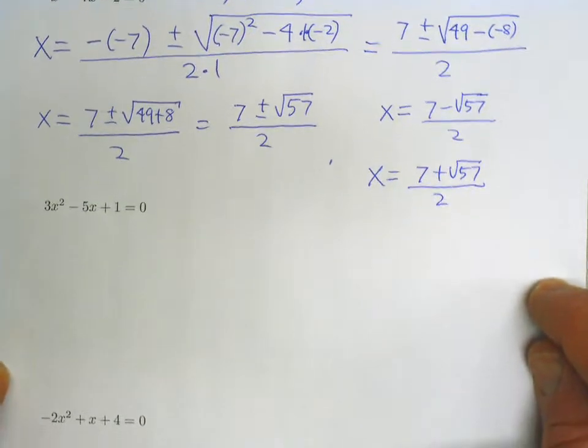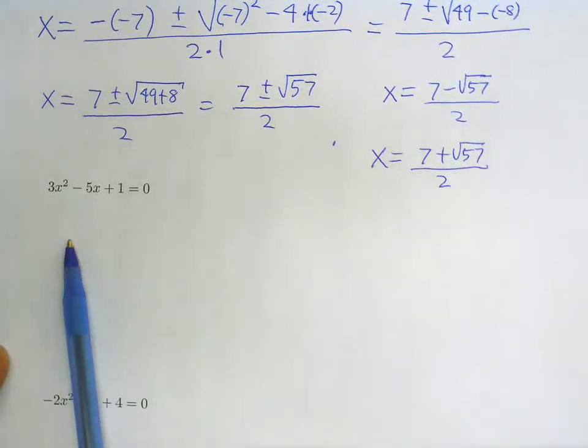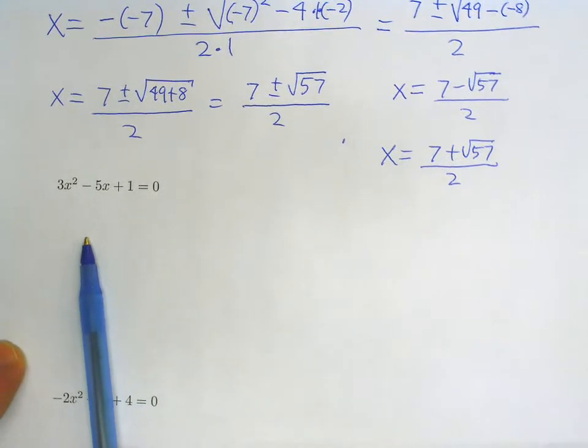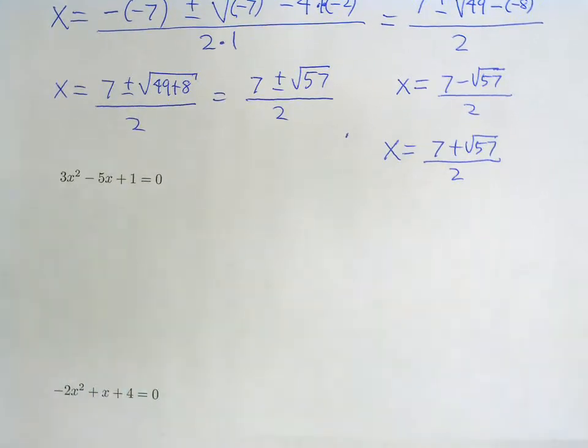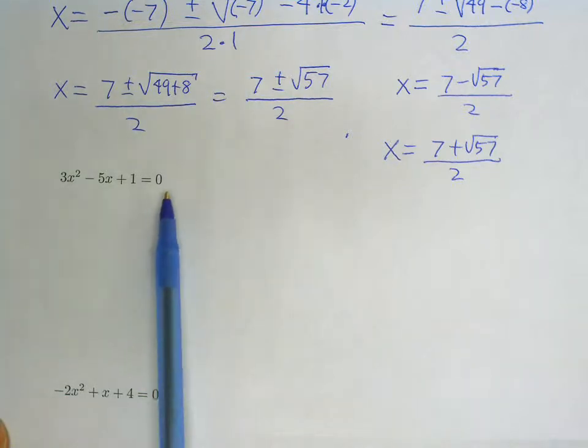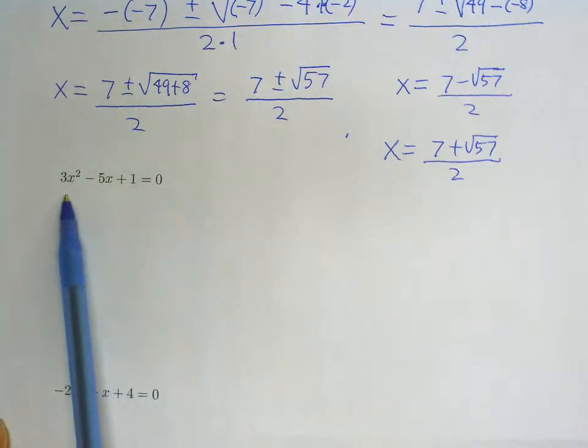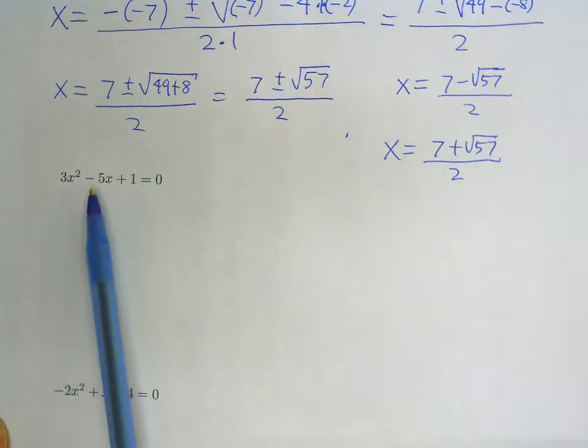Okay, let's apply the quadratic formula to the next equation. This one, 3x to the second minus 5x plus 1 equals 0. Okay, this is in standard form. Standard form has one side 0, and then the terms in the trinomial are arranged in order.